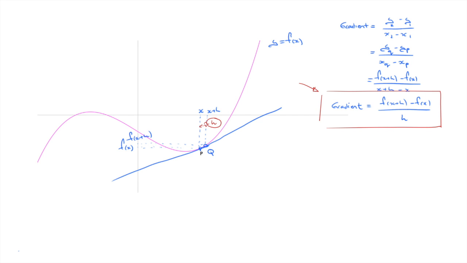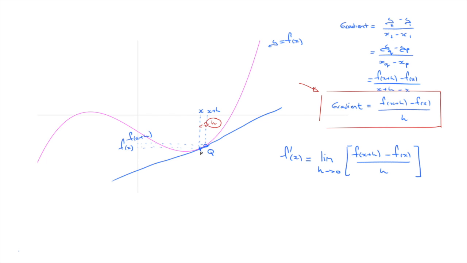Now, the way we write that is as follows. We write the limit as h tends towards 0 of this formula, f of x plus h minus f of x over h. And this is the definition of the derivative function. That's f dash of x equals this limit as h tends towards 0 of f of x plus h minus f of x over h.